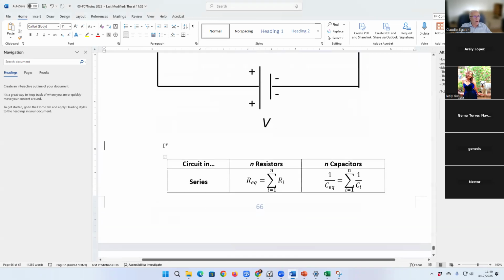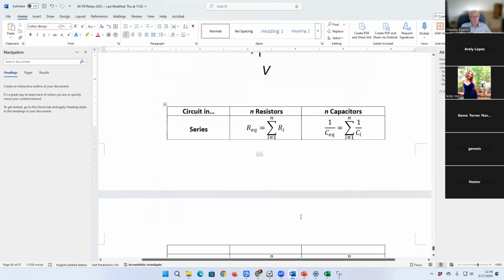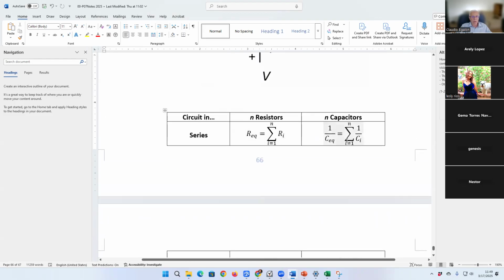Here you go. I will be able to prove to you that capacitors in series have an equivalent capacitance equal to that.